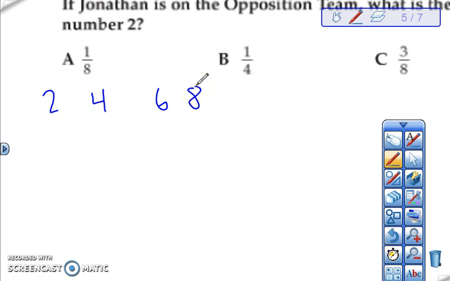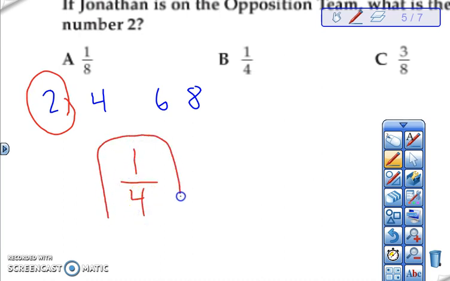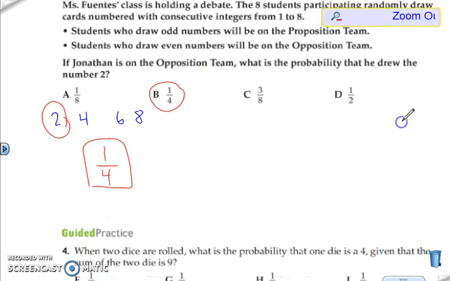If I know he drew one of those 4 numbers, and I want to know the probability that he drew the 2, the probability is 1 out of 4 because there are 4 total numbers. And that's all there is to it.